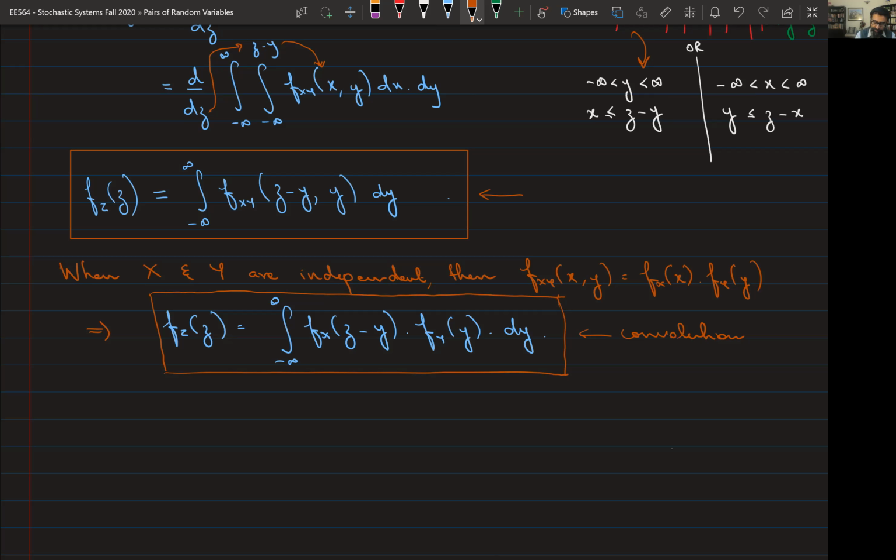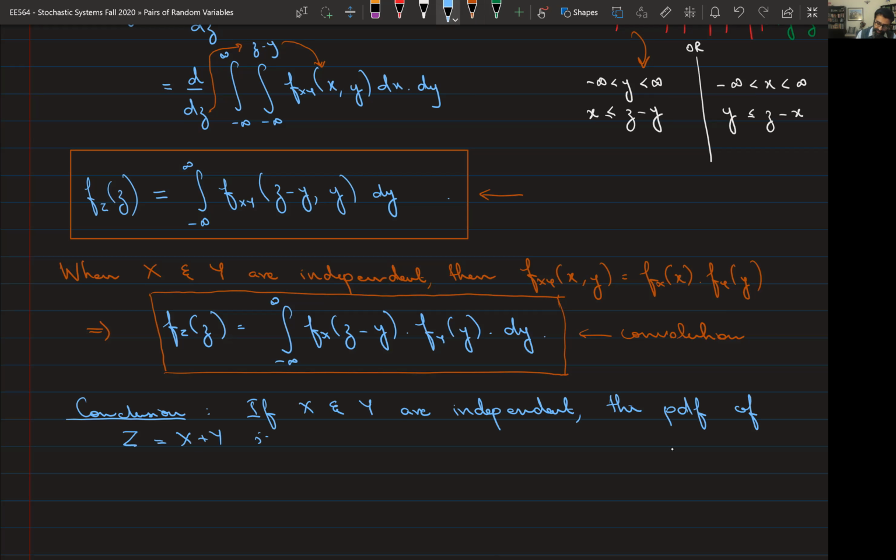But the conclusion that we have is the following: if x and y are independent, the PDF of z equals x plus y is equal to the convolution of f_x of x and f_y of y.